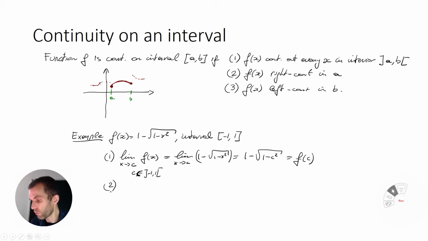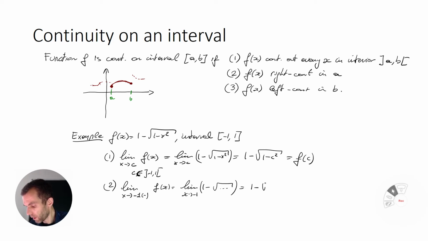And then for the two other conditions, it's pretty much the same thing. So going to minus 1 from the negative side is 1, and here you can just plug in the values. 1 minus 1 squared is 1, so that's also equal to f of minus 1.